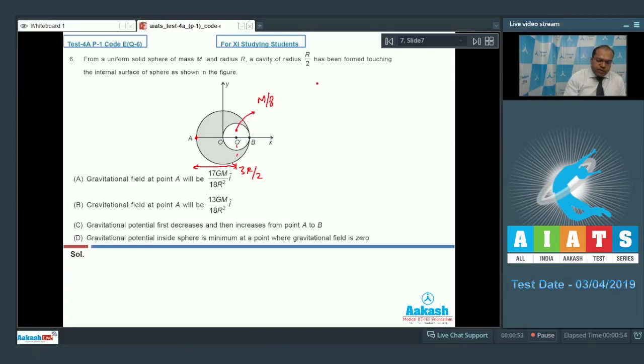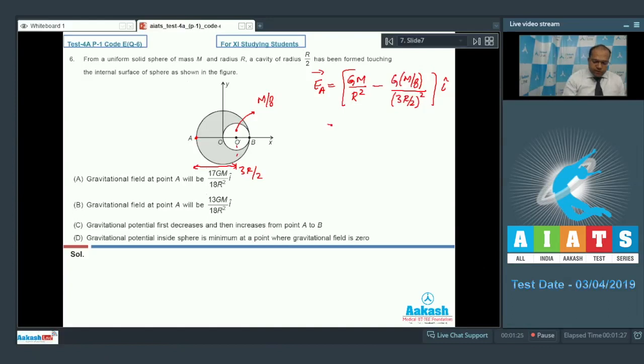So we can write the gravitational field at point A as GM by r square, and for this cavity part we can write the gravitational field at point A as minus G into m by 8 divided by 3r by 2 whole square, and the direction is along positive x-axis, that is i cap.